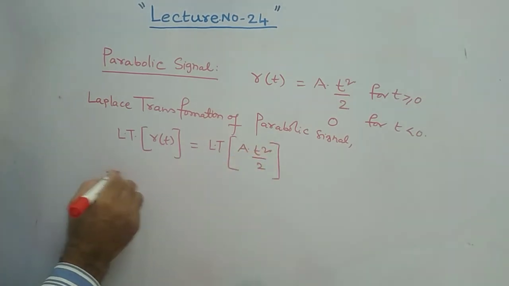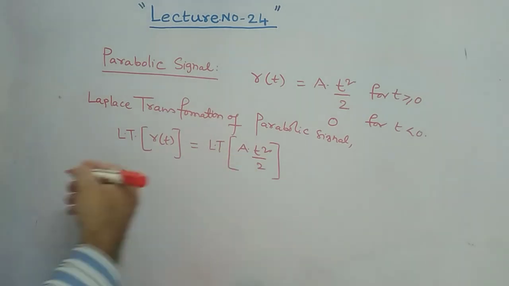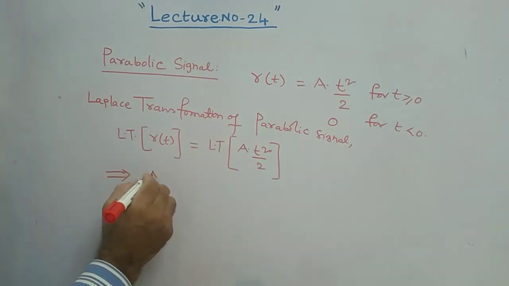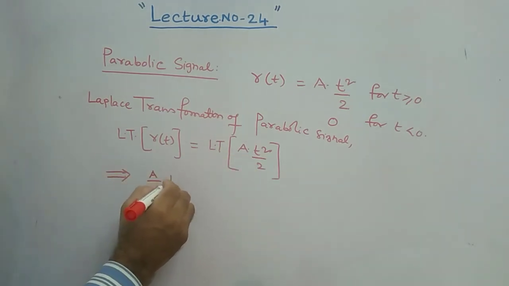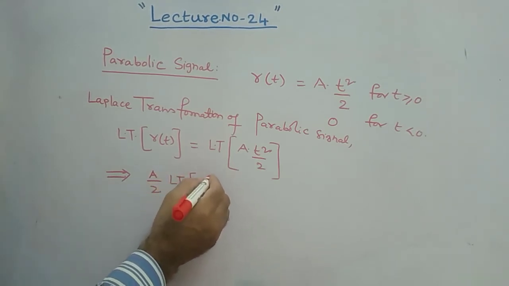Here a is constant and 1 by 2 is also constant. Take a by 2 outside, then the Laplace transformation of it is t square.